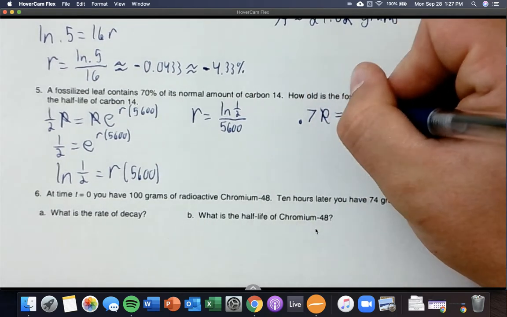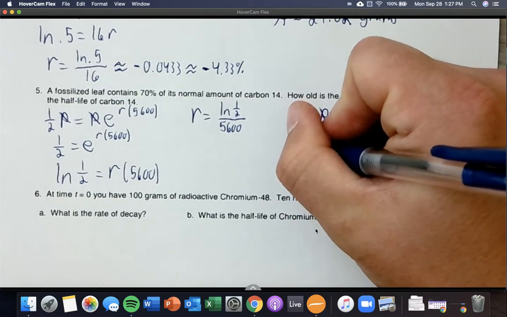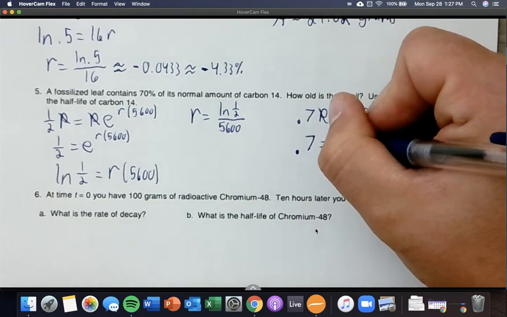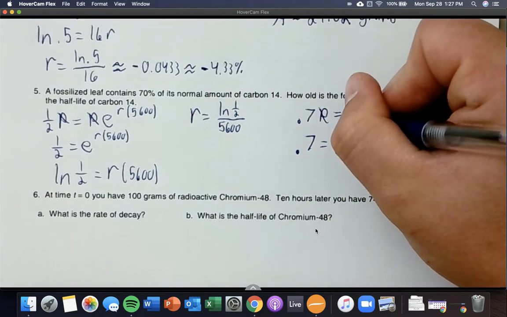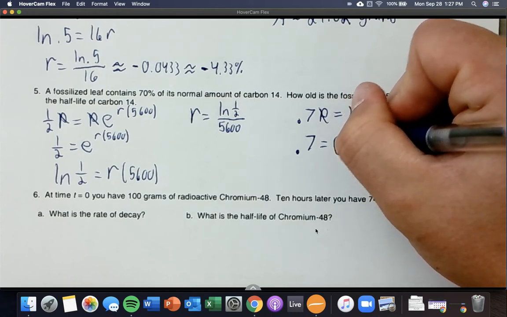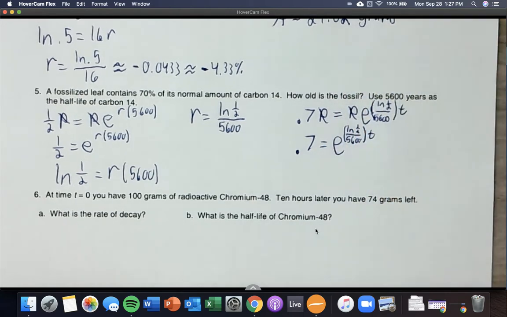So right away, these P's are going to cancel, and I'll try to write it a little neater this time. This is going to be 0.7 is equal to e to the ln of 1/2 all over 5,600 times time.